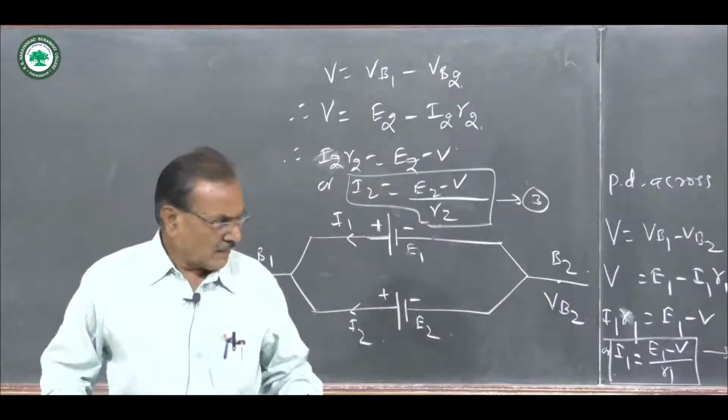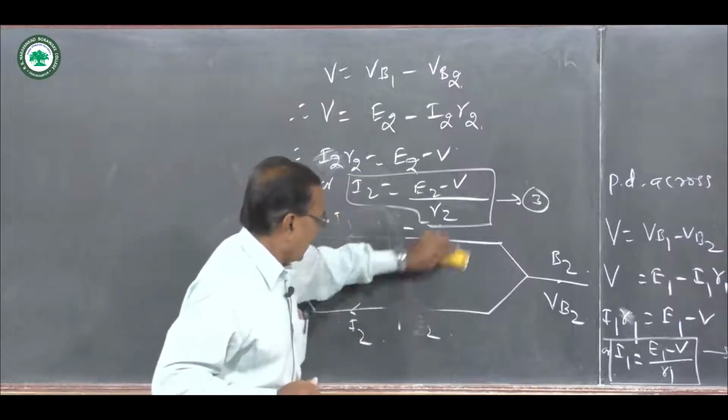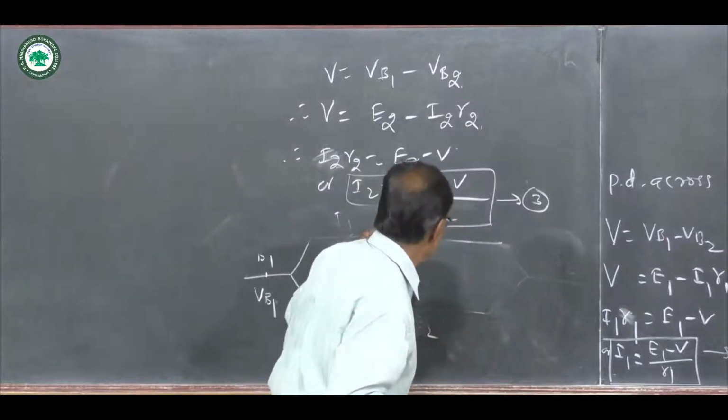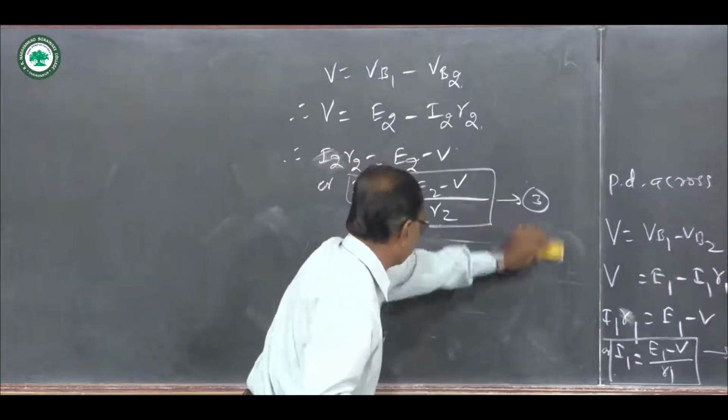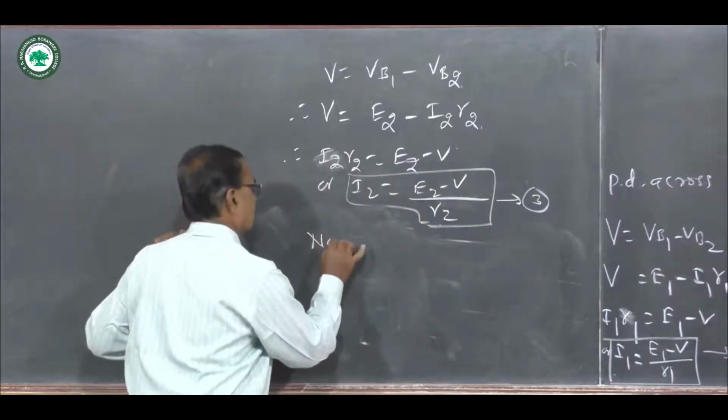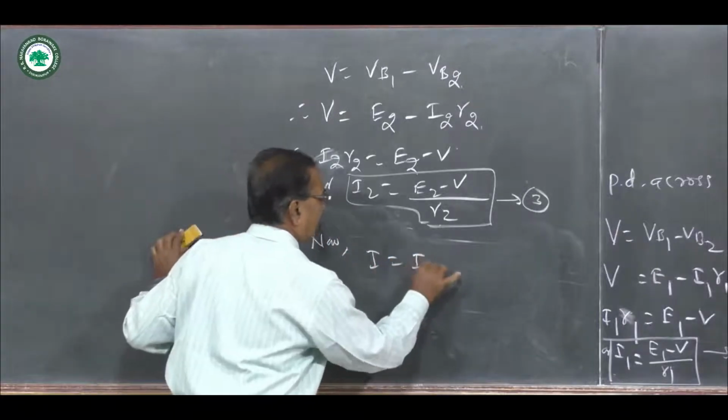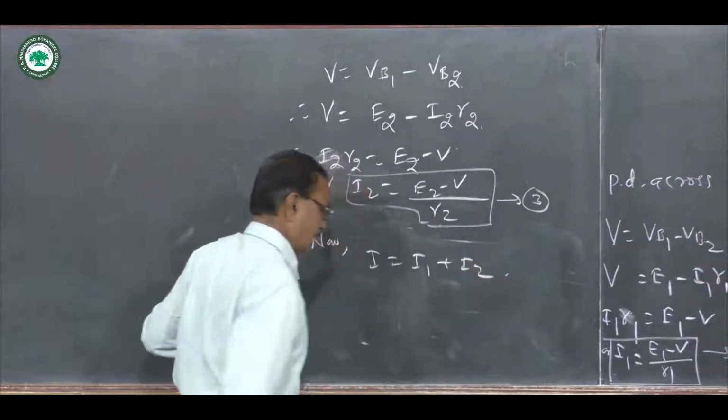Now the currents I1 and I2 flow through each branch, so the total current we can write as I equals I1 plus I2.